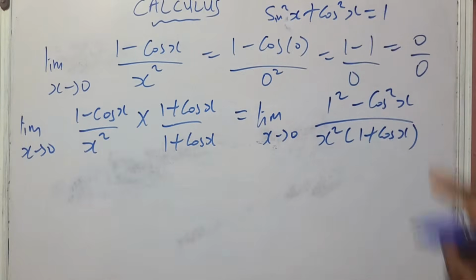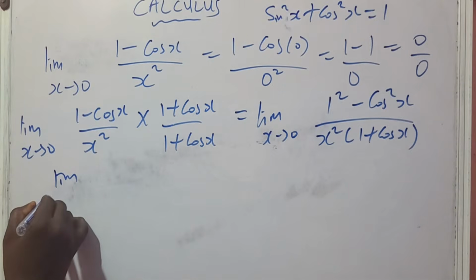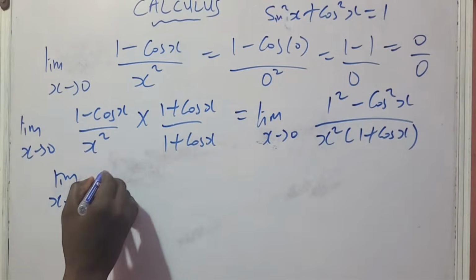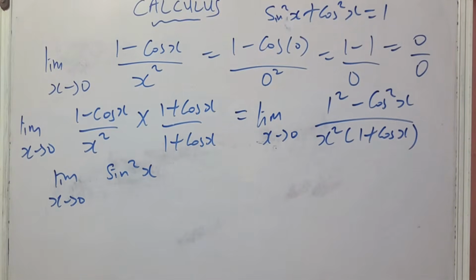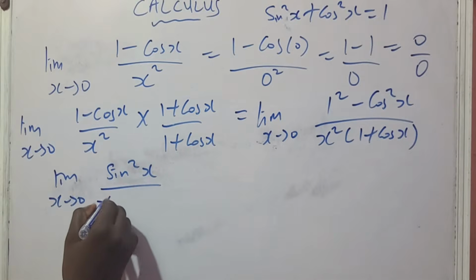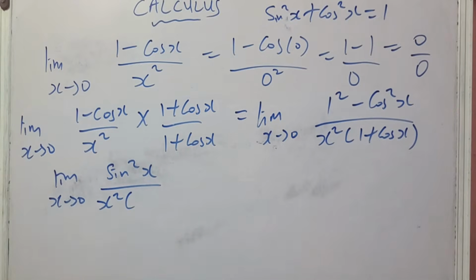So 1 minus cos square x will be equal to what? Sine square x. So I can go on now to write this as sine square x instead of 1 minus cos square x. All right, this will be over x squared times 1 plus cos x.